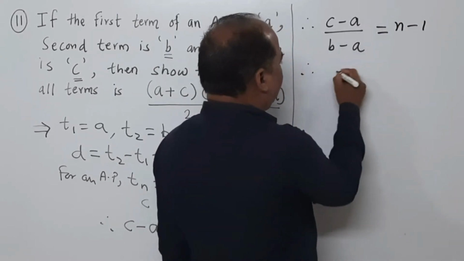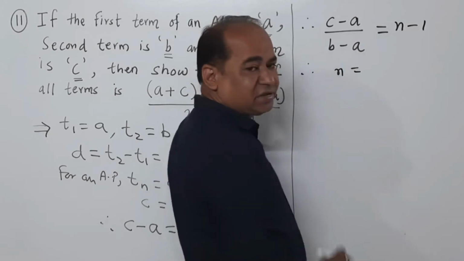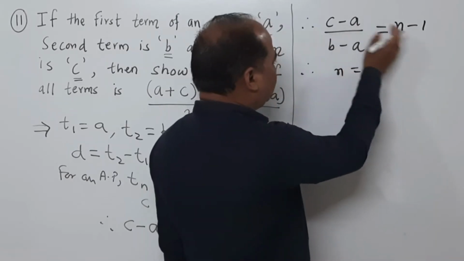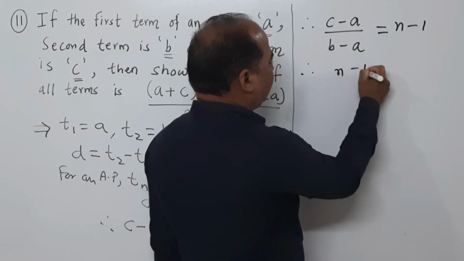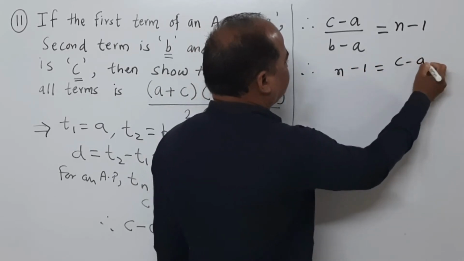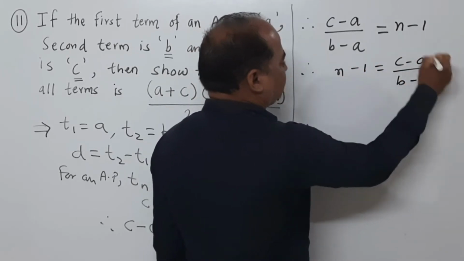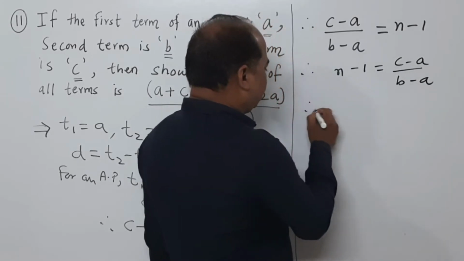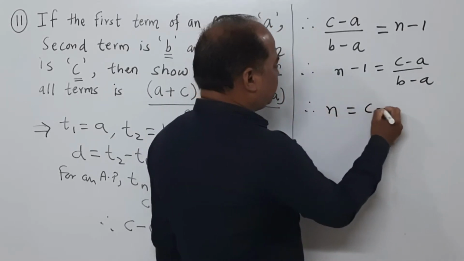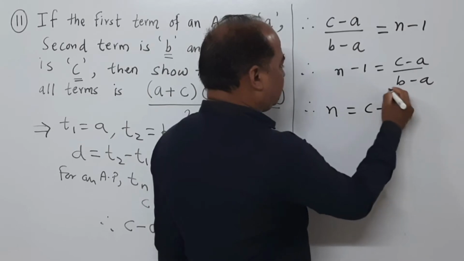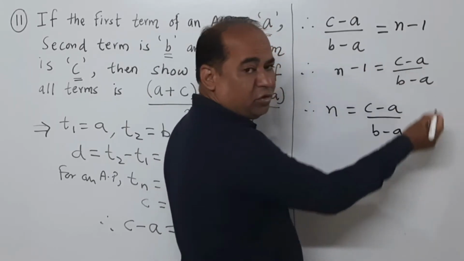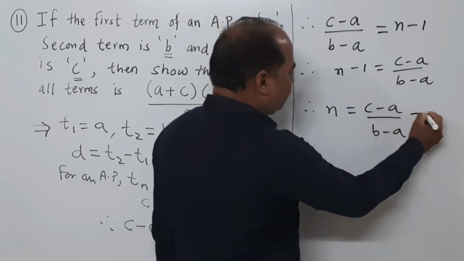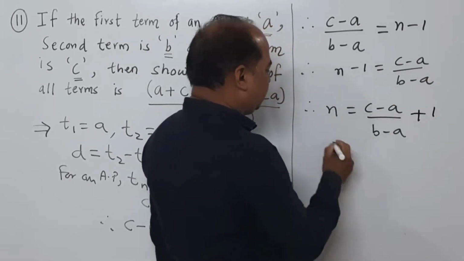Therefore n will be equal to, changing the sides of the equality, C minus A upon B minus A is equal to n minus 1. Therefore n is equal to C minus A upon B minus A. Minus 1 will go to the right hand side and it will become plus 1.